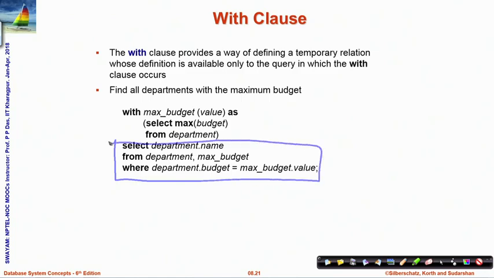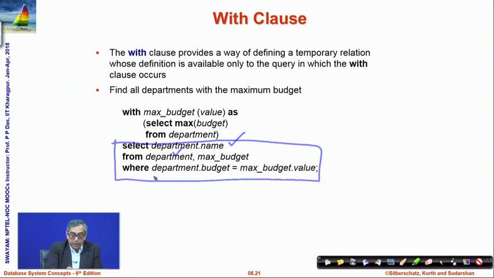We want to find department name, that is the department's name, from the department table, and the budget must be the same as the maximum budget. So, for that I need to know the maximum budget that exists across the departments.